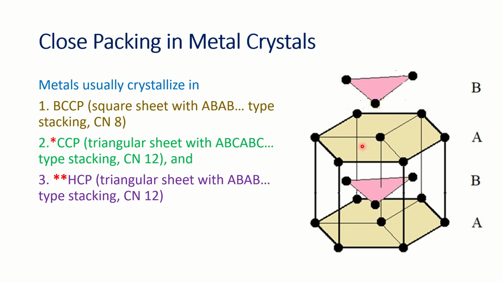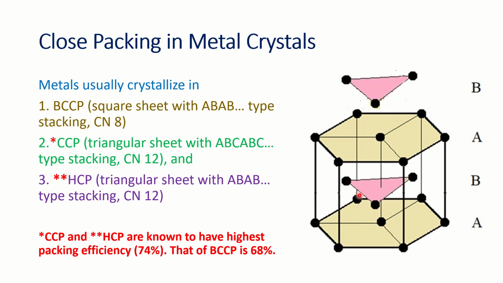If you divide this cuboid, you will get a prism, and in the alternate body centers of alternate prisms these atoms are situated. So the stacking is AB type. Here also the coordination number is 12. This one is surrounded by 6 atoms in its equatorial position, and in the bottom layer by 3 atoms, and in the above layer by 3 atoms. So overall 12 atoms again.